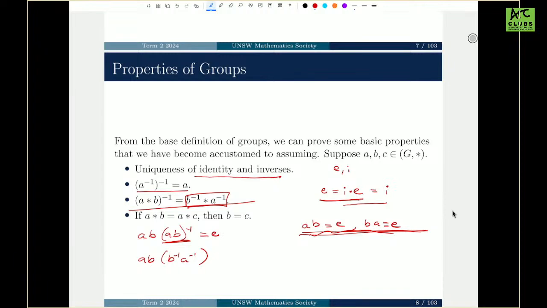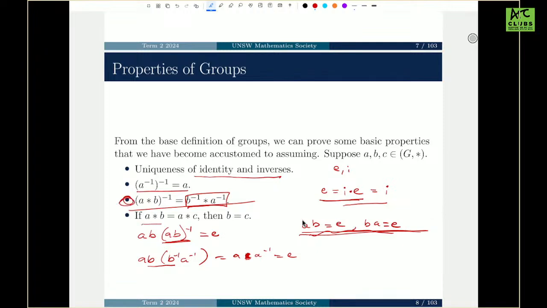Remember, we don't care about the brackets for groups because of associativity. So we can just use B and B inverse and make that the identity. Then we can ignore the identity because applying it to anything leaves it alone. So we just have A inverse, and that's just our identity. So that's why this third thing holds.